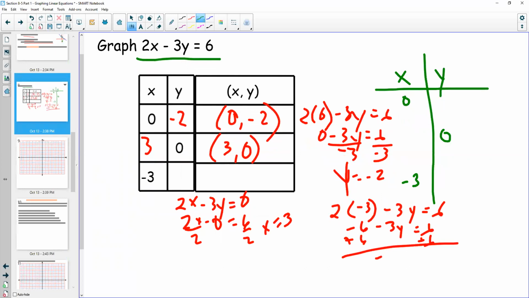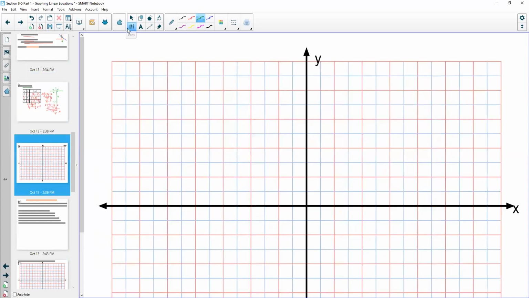So I get negative 3y equals 12, which means when I divide by negative 3, y is negative 4. Okay? And then I just need to graph these. Negative 3, negative 4. All right, so my points were 0, negative 2, 3, 0, and negative 3, negative 4.